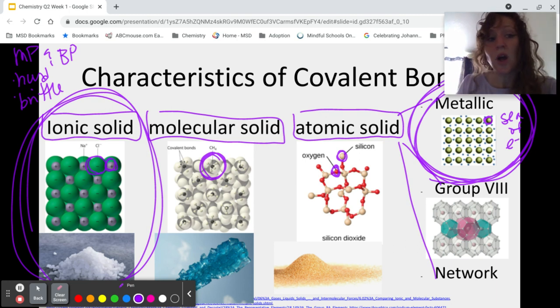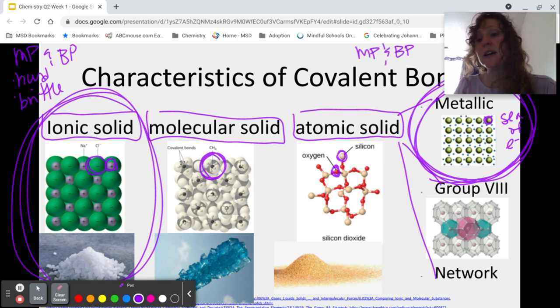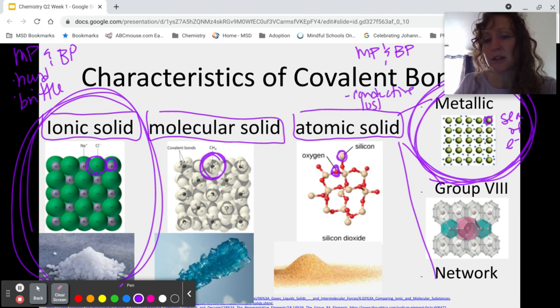Metals tend to also have high melting points and boiling points. They are very happy in their solid state, but they get this host of other properties: they are conductive, they have luster, also known as shininess, and they are malleable and ductile.